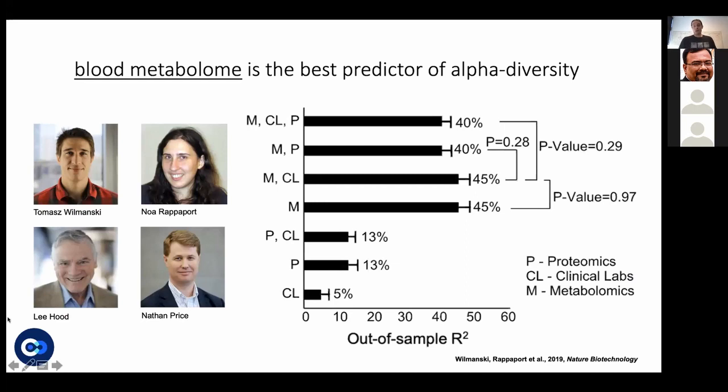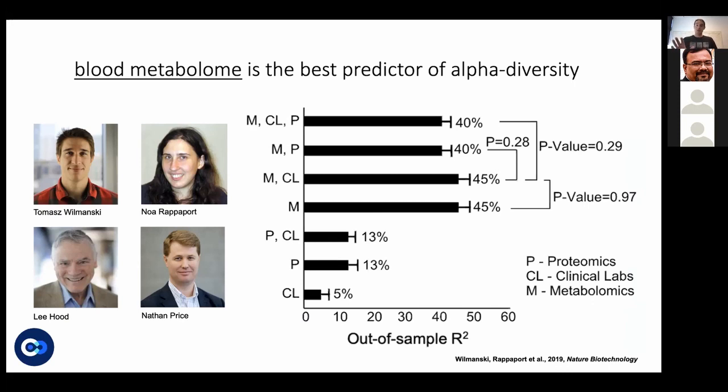Just to cut right to the main point, we found that metabolomics explained almost half of the variation in alpha diversity. So you could predict alpha diversity with this metabolomics signature, whereas proteomics and clinical labs, generally speaking, were very bad at predicting alpha diversity. And any combination of all 3 really doesn't do much better than metabolomics alone. So metabolomics was explaining the same variation that the other omics could explain as well, so it's redundant to include other things.